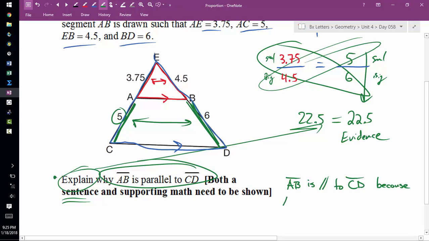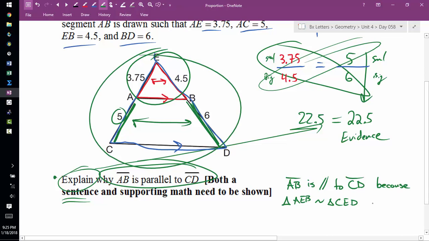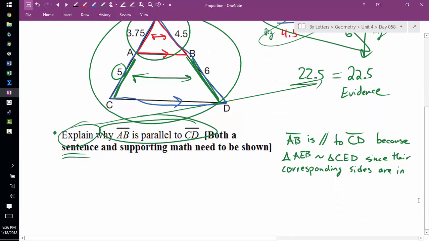we can say triangle AEB, this red one up here, is similar to triangle CED, that larger triangle, since their corresponding sides are in proportion.